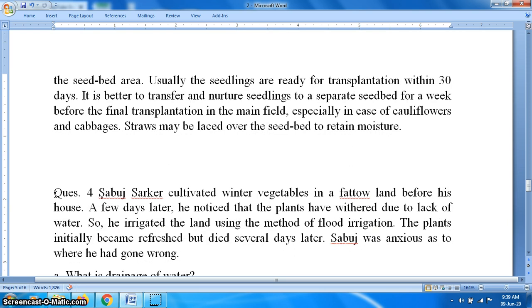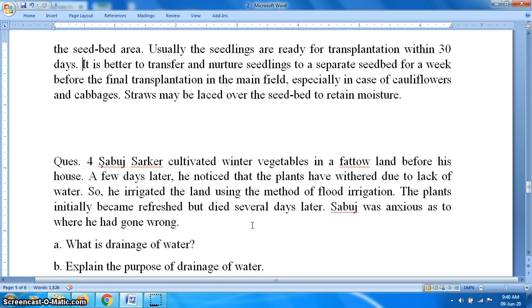Now question 4. Shobuj Sarkar cultivated winter vegetables in a fallow land before his house. A few days later, he noticed that the plants had withered due to lack of water.